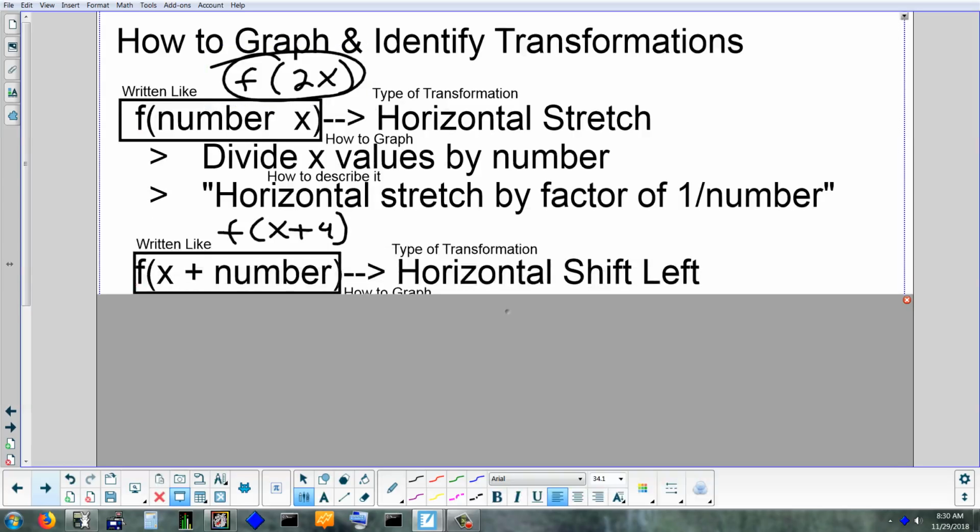Okay. Well, I look at it and I say, all right, it's inside the parentheses. Inside means horizontal. It's addition. Addition always means a shift. Always. If you add outside, it's a shift. If you add inside, it's a shift. You just have to figure out which way. In this case, adding a number shifts left.